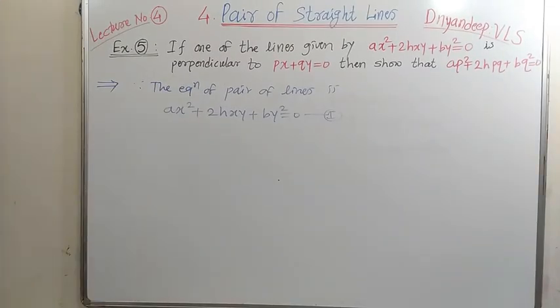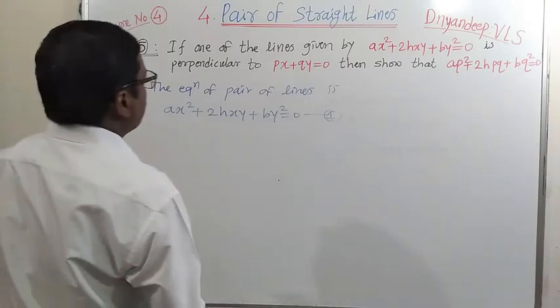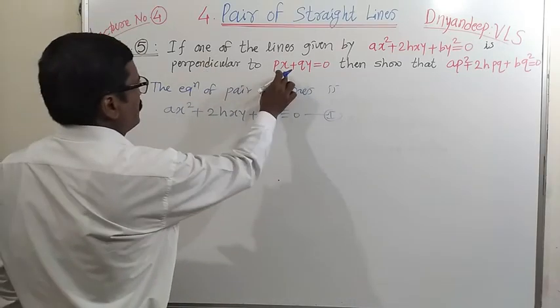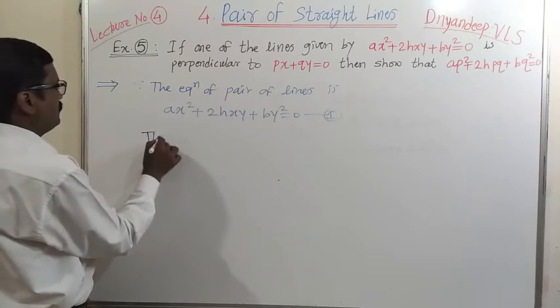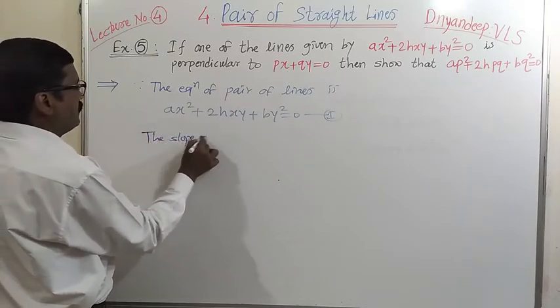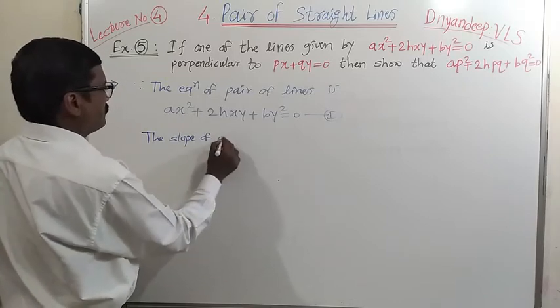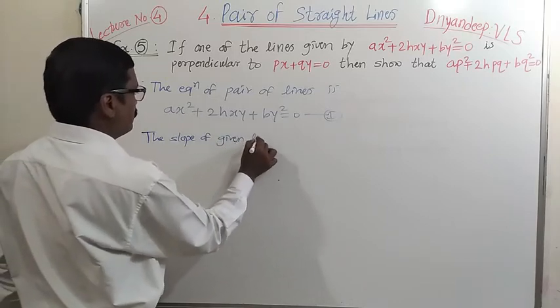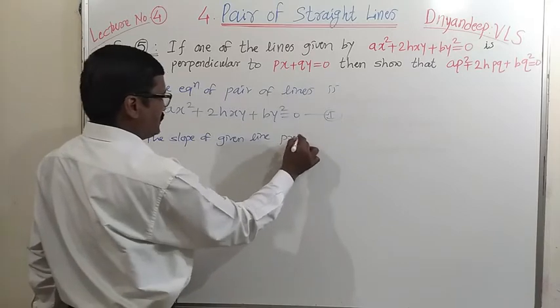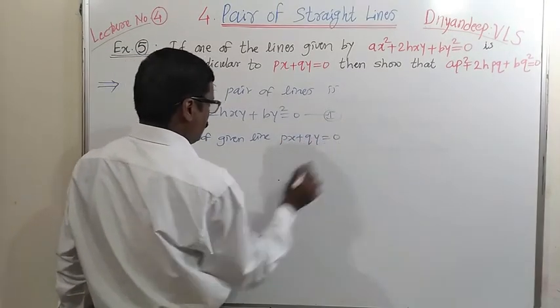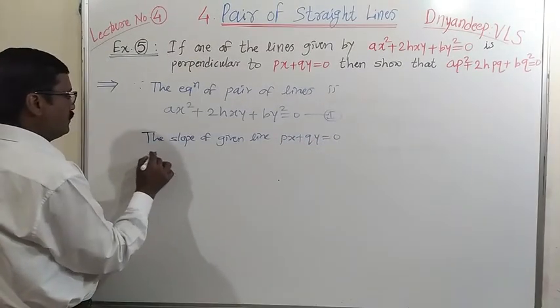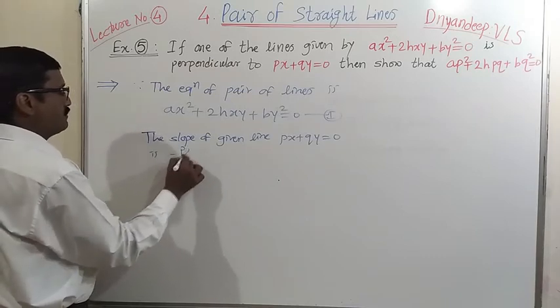Now the given line px + qy = 0 has slope minus p by q.